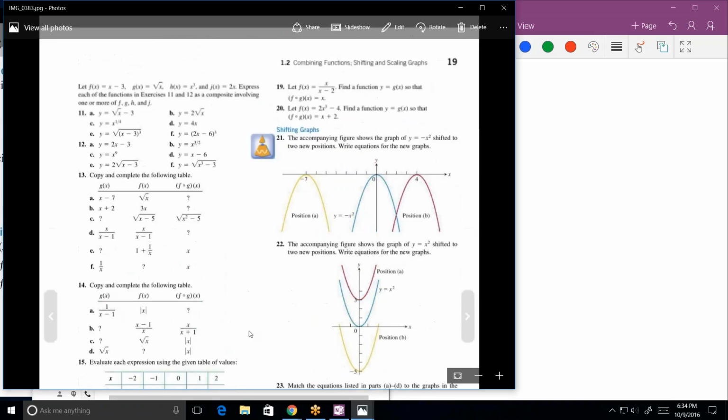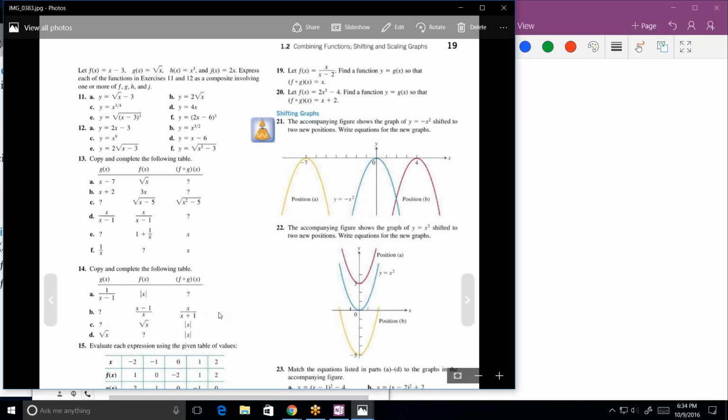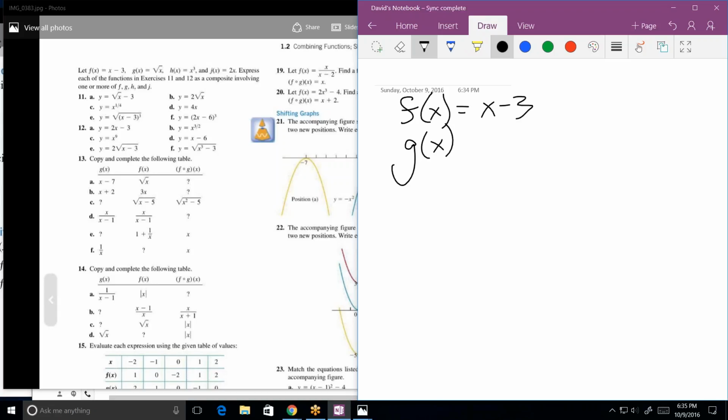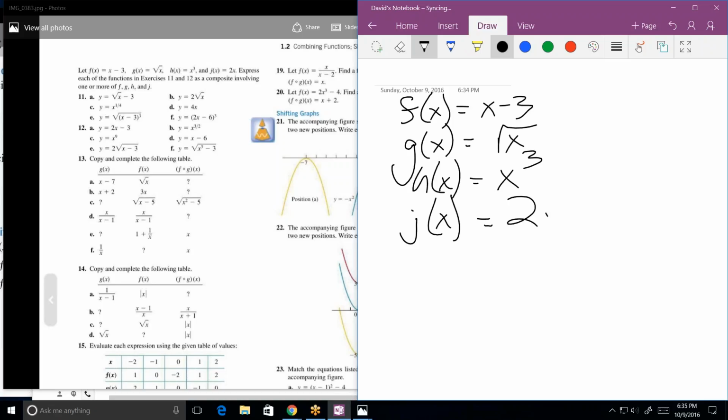Which one? 11. On 11, we have f of x equals x minus 3, g of x equals square root of x, and h of x equals x cubed, and j of x equals 2x.